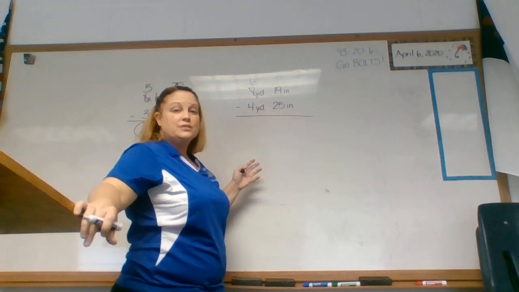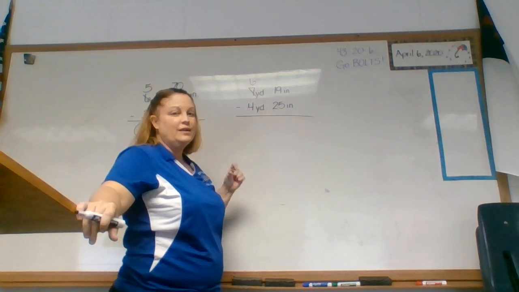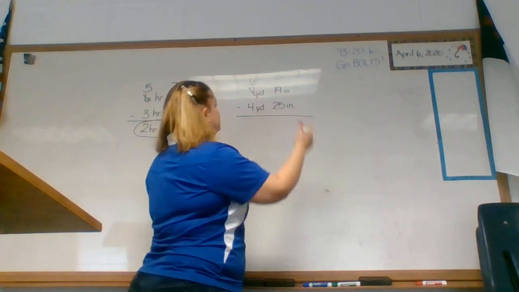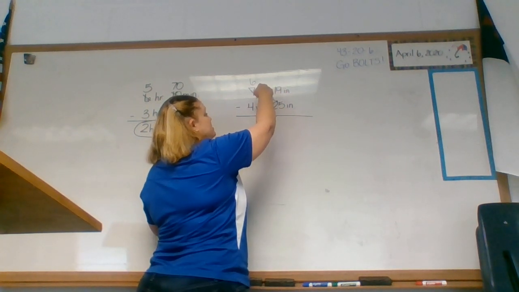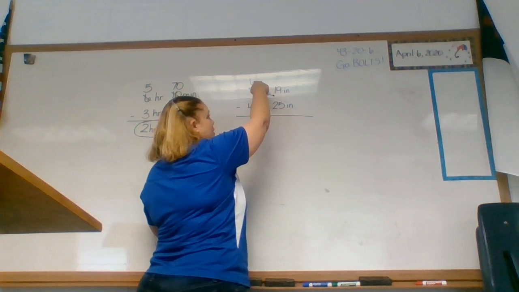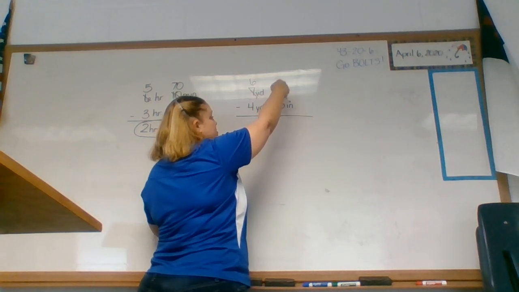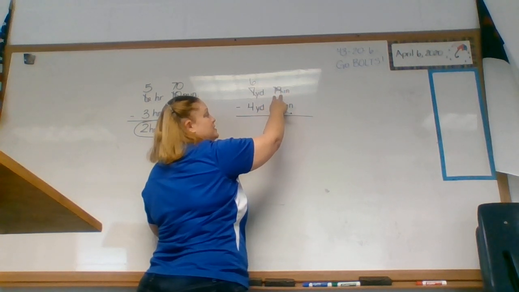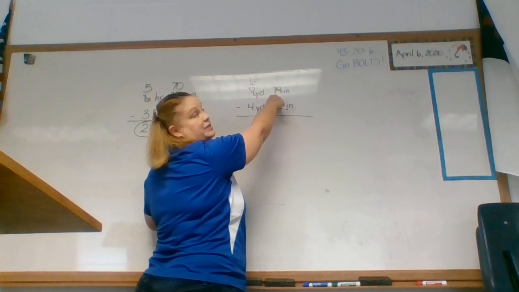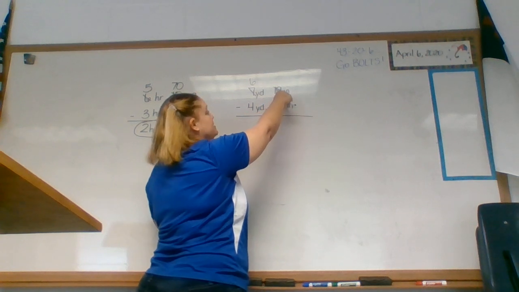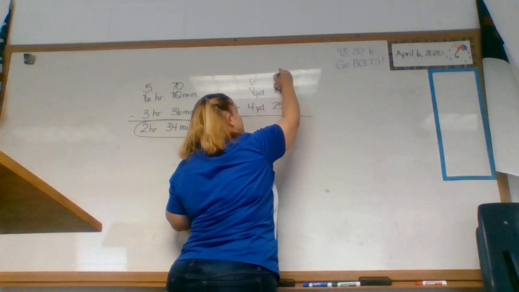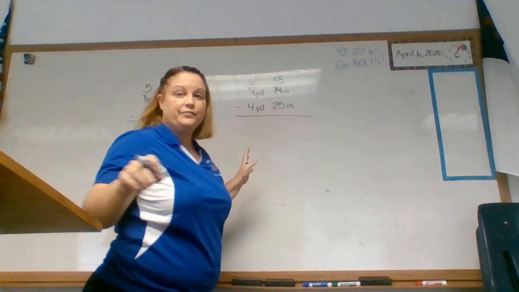How many inches in a yard? Hopefully you remember that's inches, not feet. 36. Okay, so 36 inches from that yard we borrowed, making it inches. We have to put it together with this. Okay? 36 plus 19. Well, we know 36 plus 10 is 46, plus another 9 makes 55.